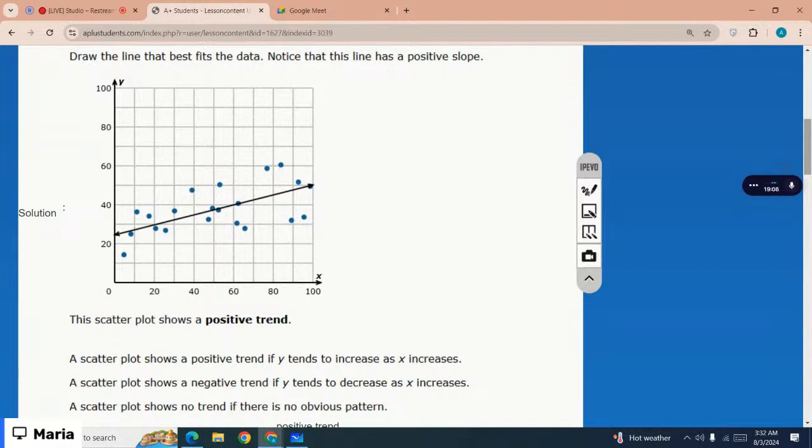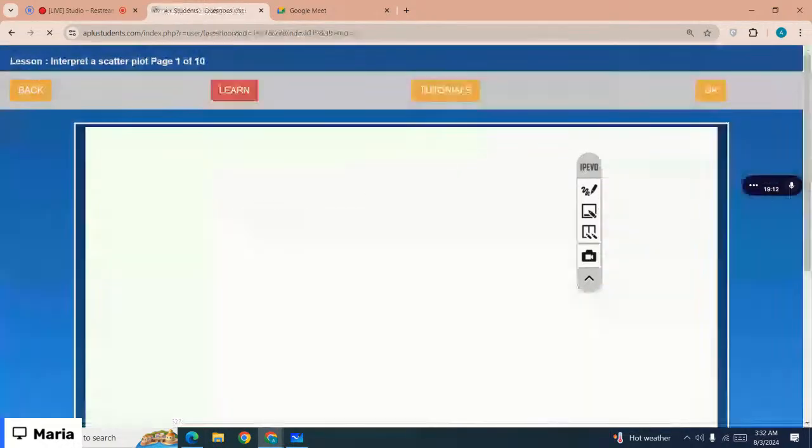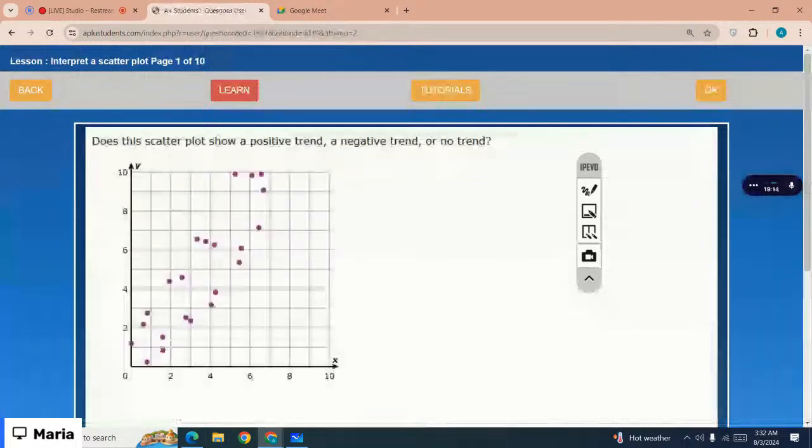Okay, let's just start with the test questions. So basically you have to look at the values on the graph. Okay, the data plot shows a positive trend. You see as the x values are increasing, the y values are also increasing, right? That means the graph is showing the positive trend.